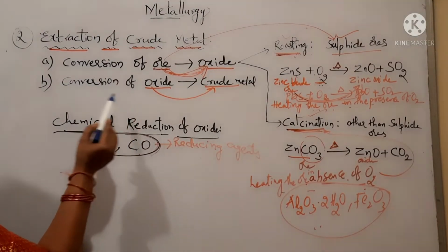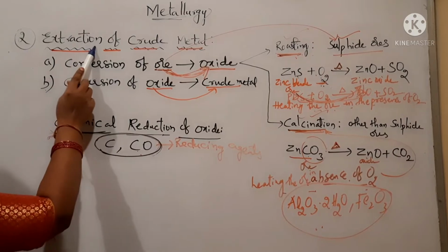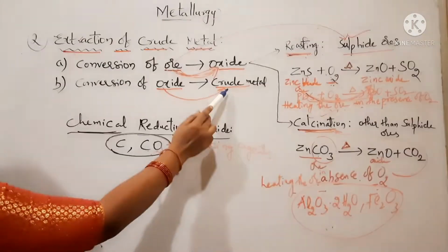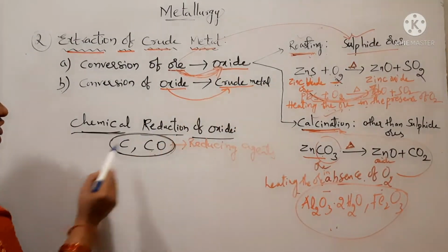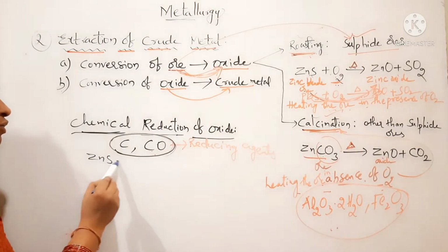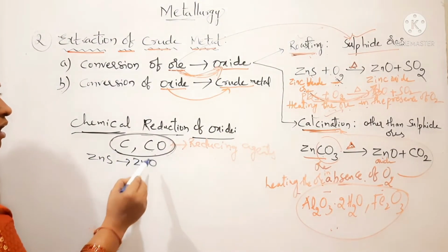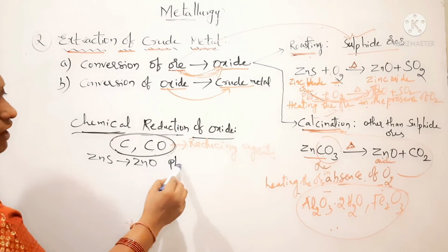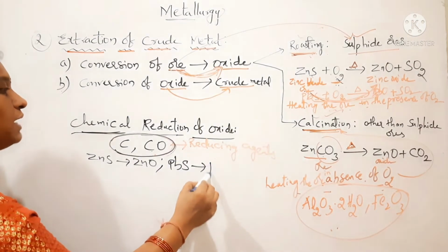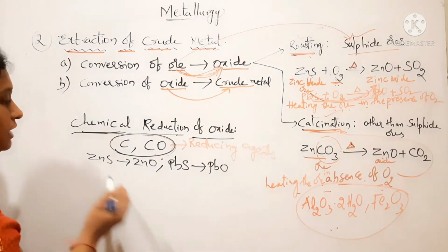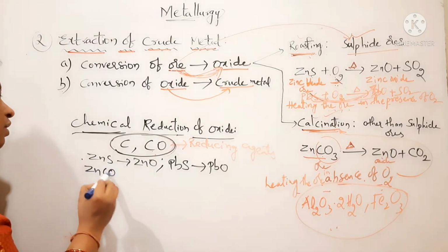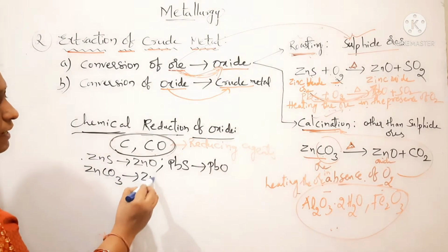Okay, now we'll go for the second step in extraction of crude metal, that is conversion of oxide to crude metal. In the previous step, you converted zinc sulfide to zinc oxide and lead sulfide to lead oxide, and zinc carbonate to zinc oxide by calcination.